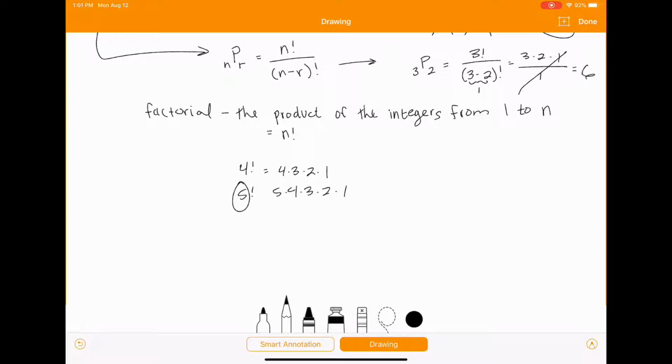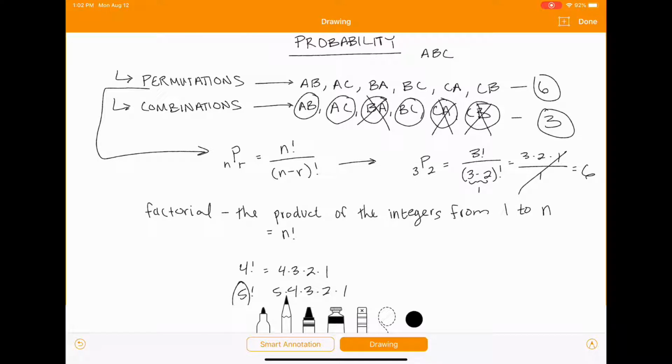So then we'll end up with 6. This is because we've got three objects taken two at a time. So this is how we would write the example that we did up here with the letters. We had three objects and we were taking them two at a time, and we got 6.